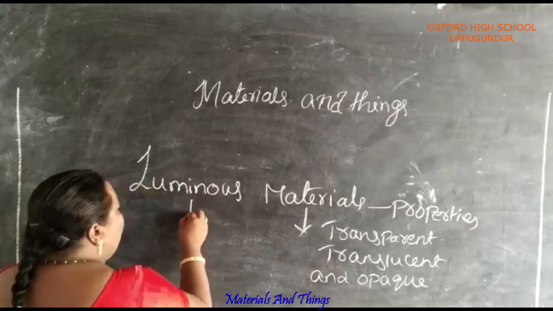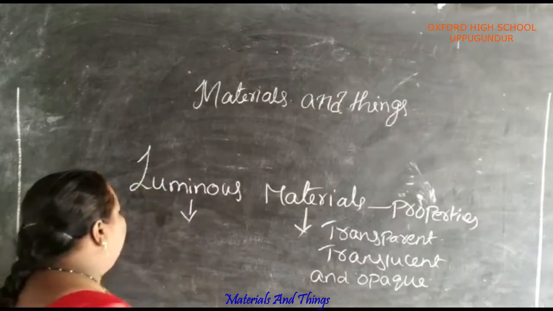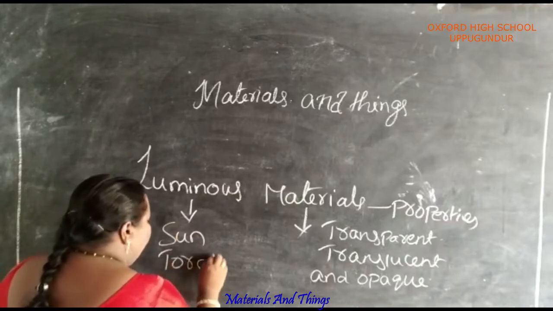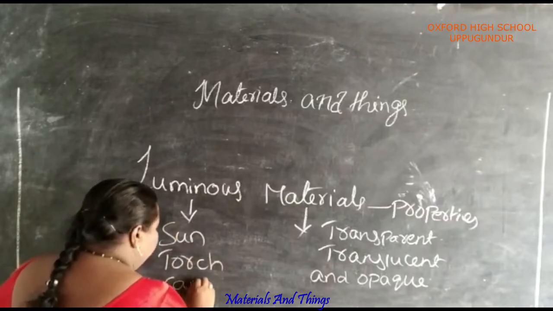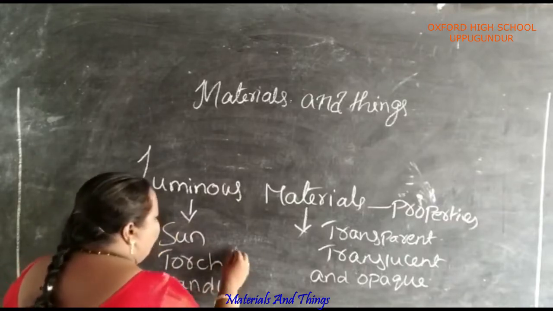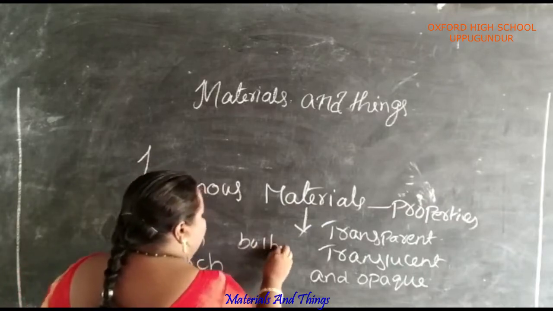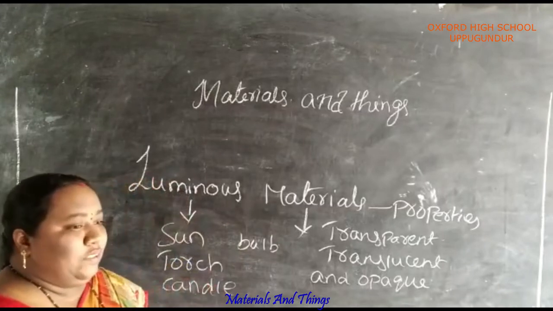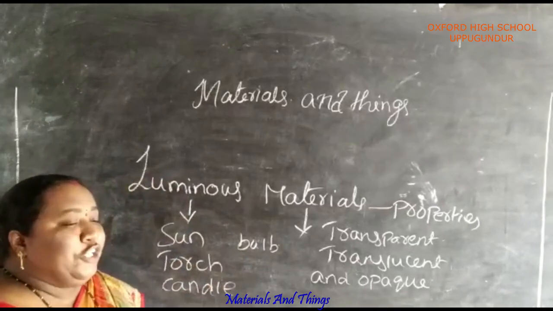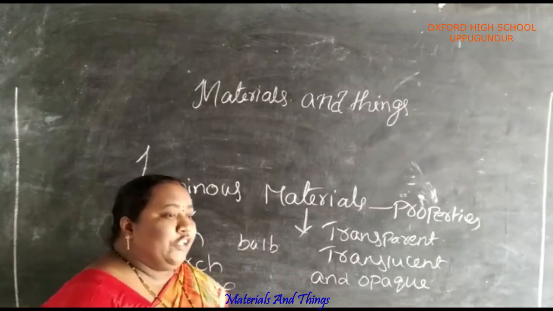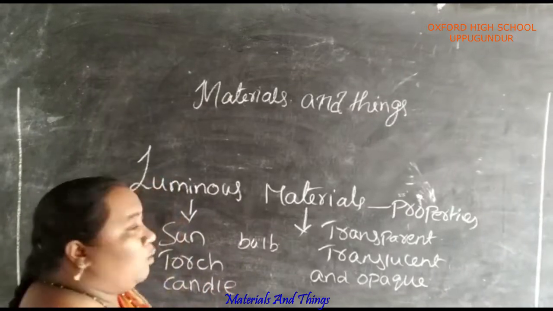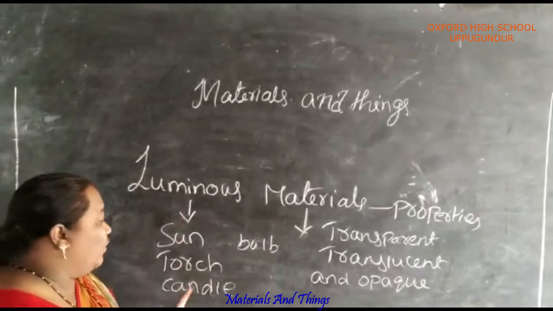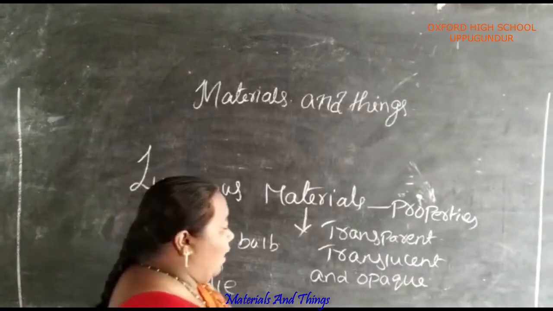Examples for the luminous objects: sun, torch, candle, bulb, etc. Again, the things which give us light are called luminous objects.